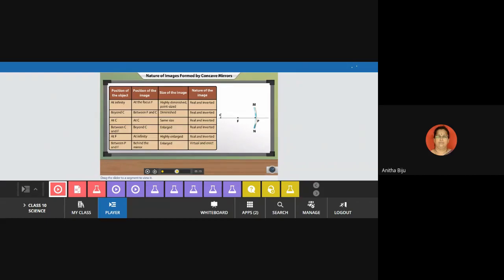So we can frame another question: in the case of a concave mirror, where do we keep the object so that we get a highly diminished image? In this way questions will come. So try to understand the ray diagram and this chart. It is also in the book. You can refer to the book, or you can make a table yourself. Okay.